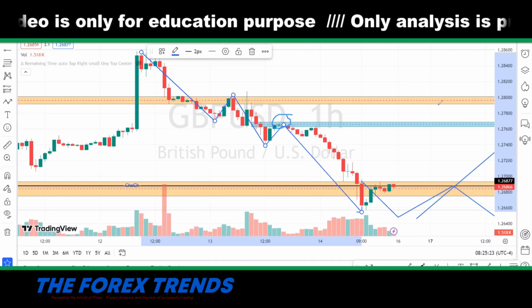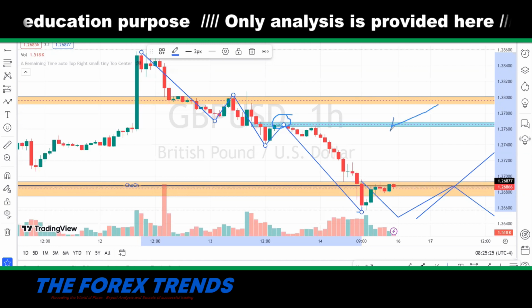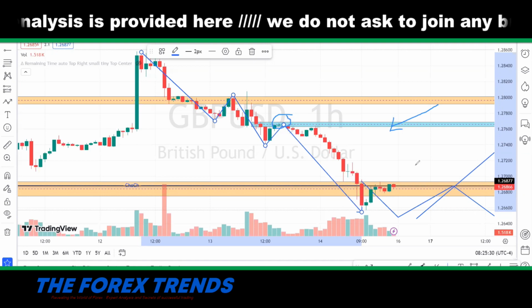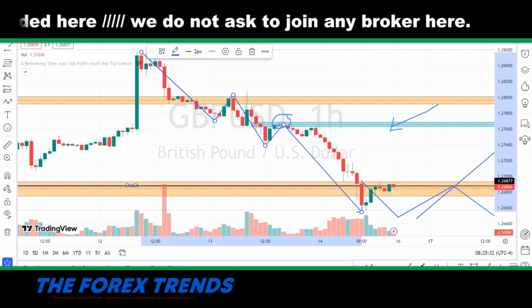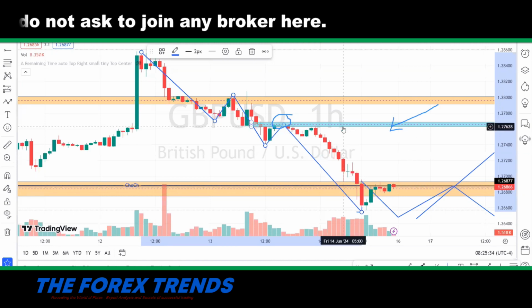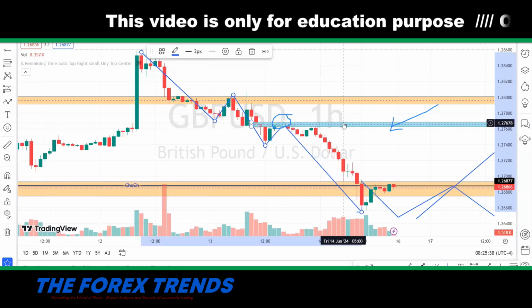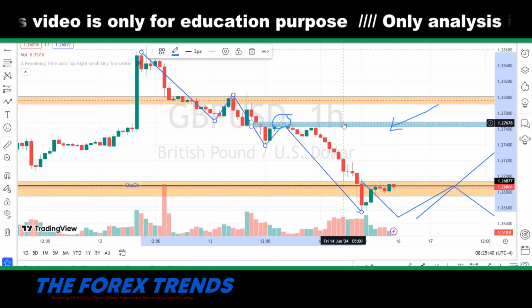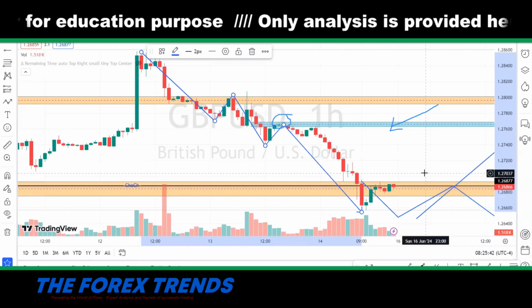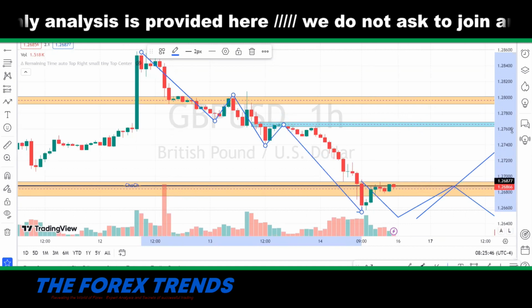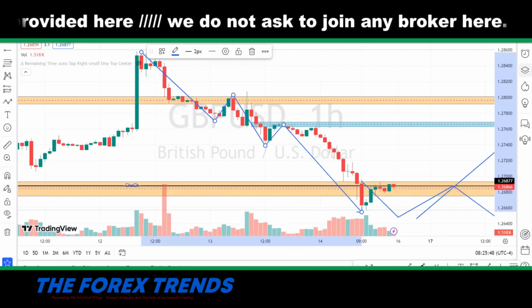That's why this is also a good position for sale in GBPUSD. So these are two positions for sale for next week. This is the price of 1.2764 to 1.2770. So this is all in GBPUSD.